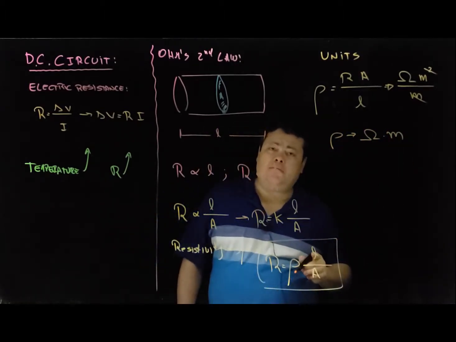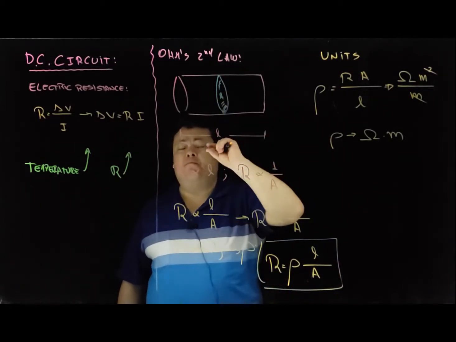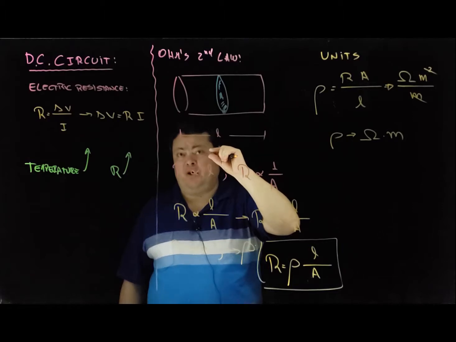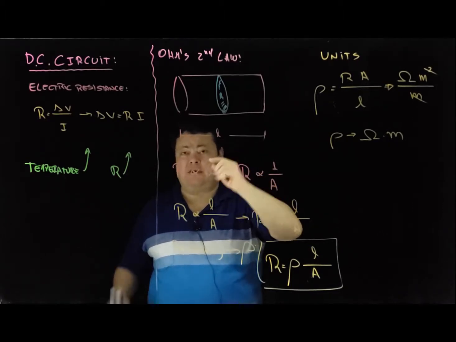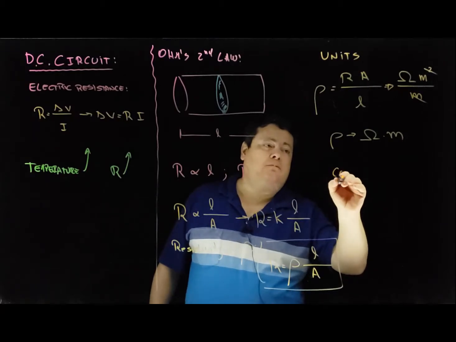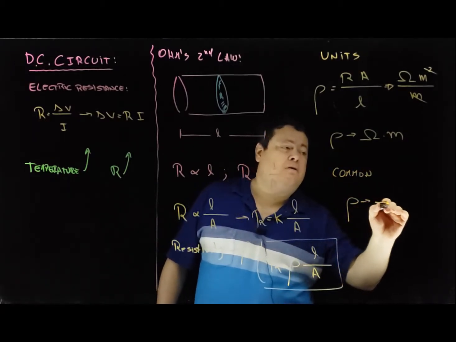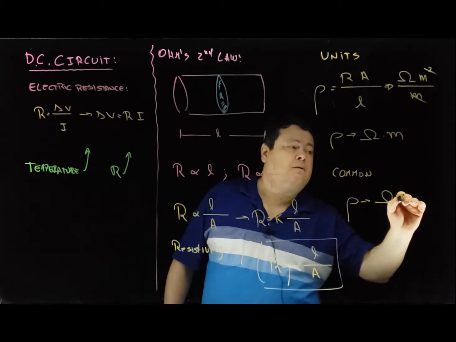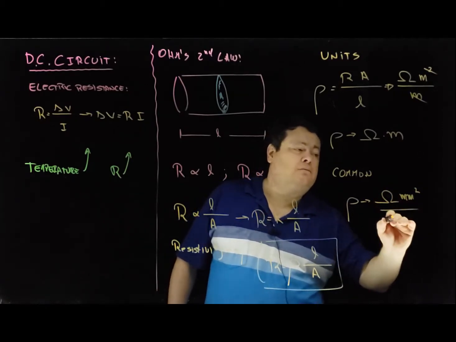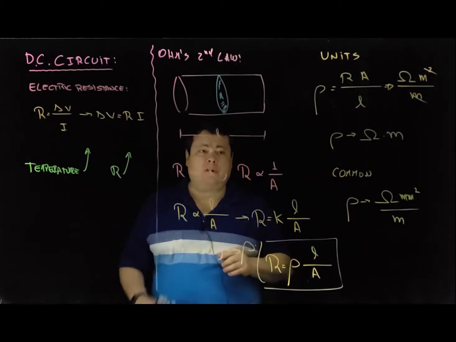But since in many practical situations wires would have typical cross-section areas in millimeter squared and several meters in length, it is also common to see rho given in ohms millimeter squared per meter.